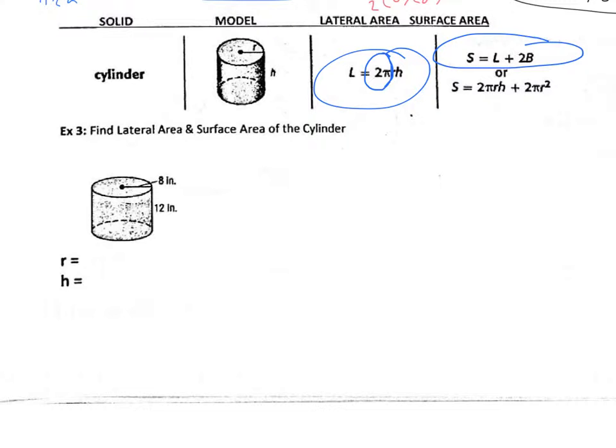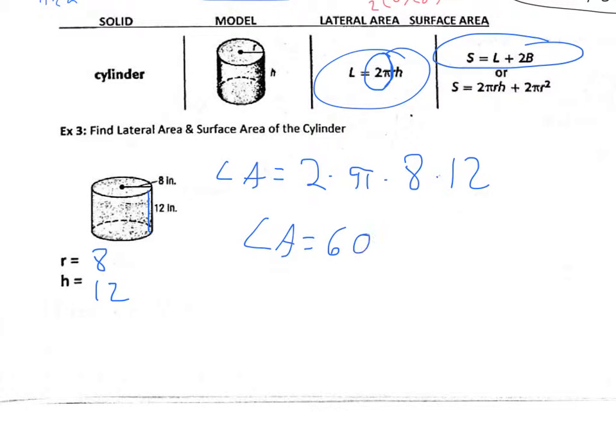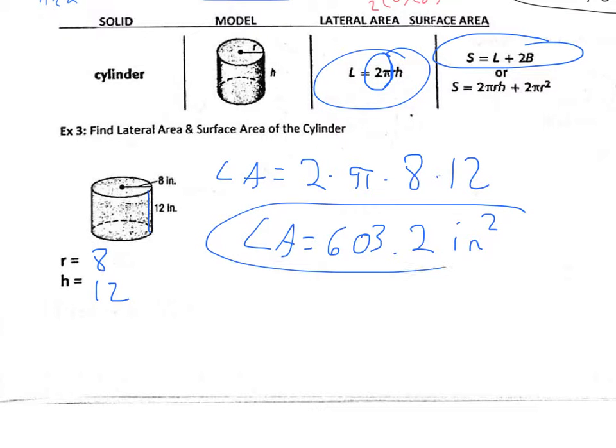So we have the radius is 8, the height is 12. Let's find the lateral area. The lateral area is 2 times pi times the radius, 8, times the height. When I multiply all of that together, I end up with 603.2 square inches. We're talking about area, so it's square inches.